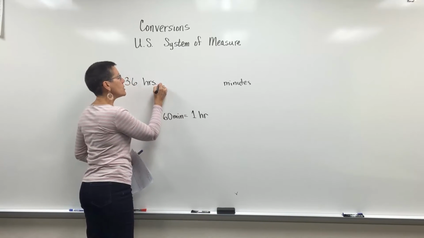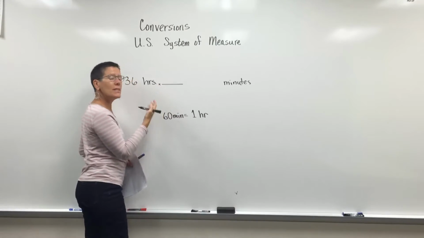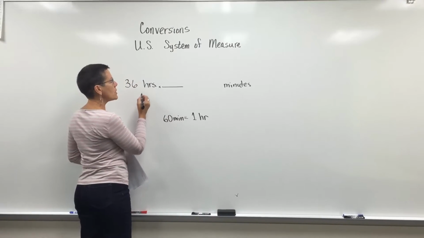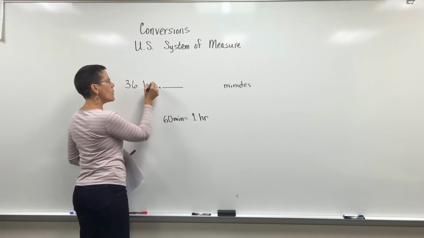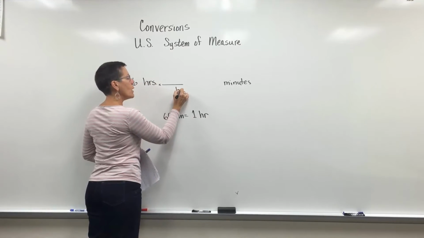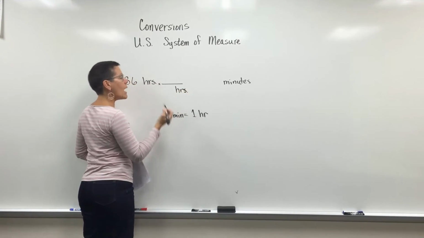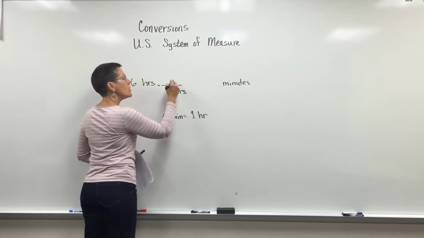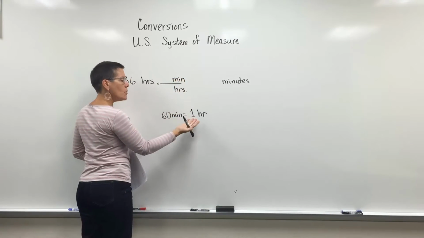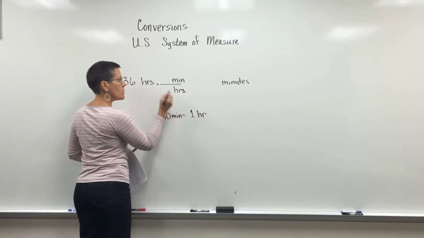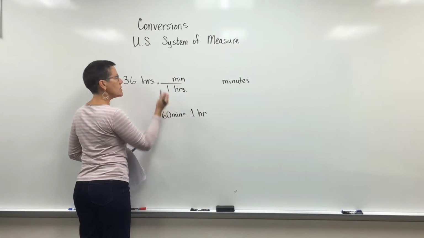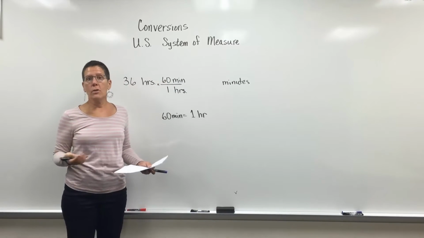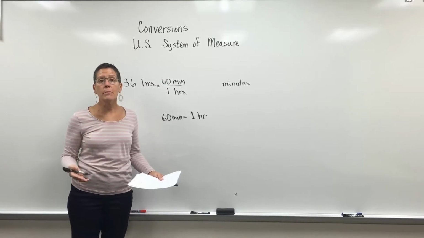So in this fraction that you're going to write, and it's also called the factor label method of converting, because the word hours is in your given, you're going to write the word hours in your denominator, and because you know this truth right here, you'll write the word minutes, and now you'll put the 1 next to the word hours, and you'll put the 60 next to the word minutes. Some people say to me, how do I know if I'm going to multiply by 60 or divide by 60?